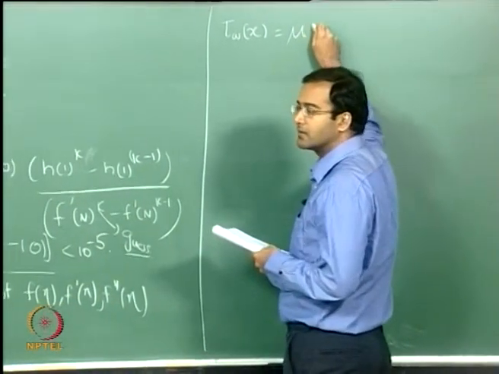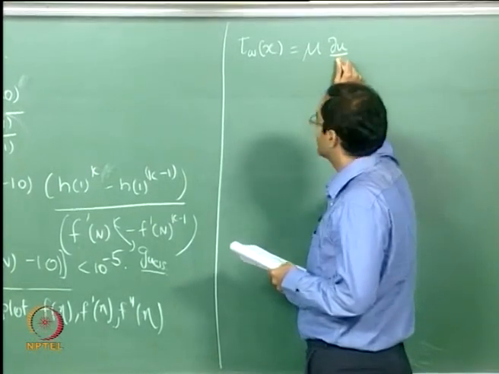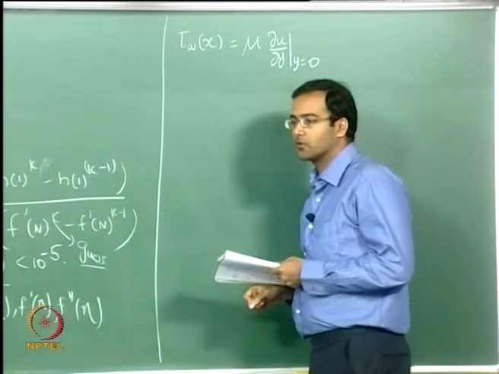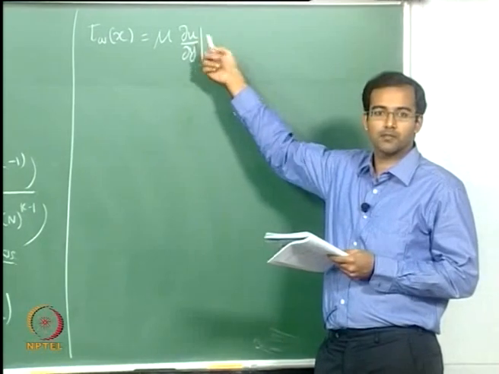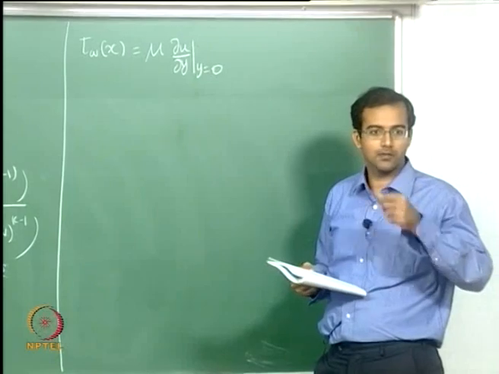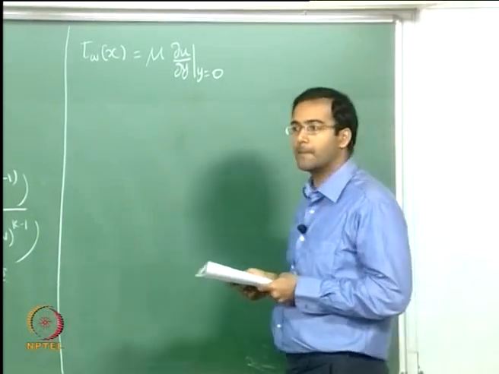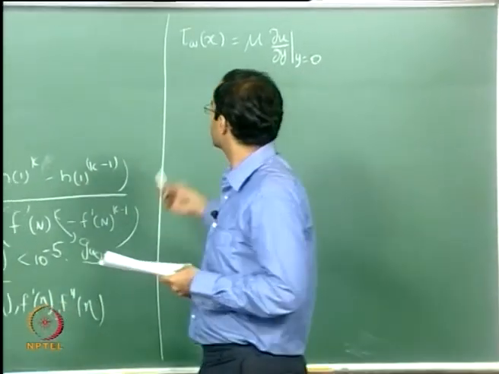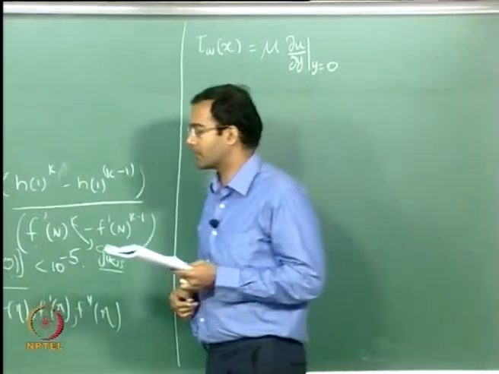Mu du, with respect to what? Y. Very good. So if you go back to the similarity solution, what is the expression for du by dy that we derived in terms of the stream function, which was a function of eta? 0.332 is not the slope, that is the curvature, the value of f double prime.